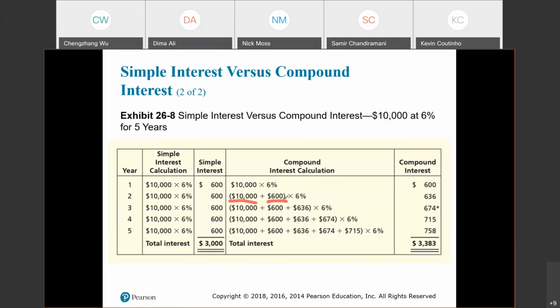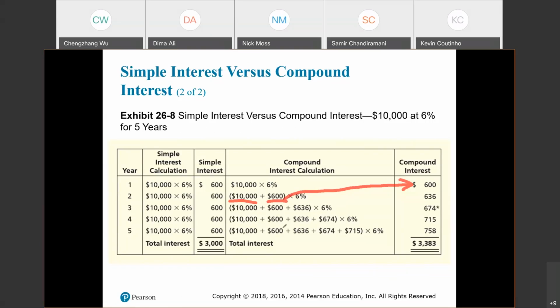Well, this $600 comes from the interest earned in the first year. So that's the theory behind compound interest. I said the compound interest means the interest is calculated on the principal and on all previously earned interest.